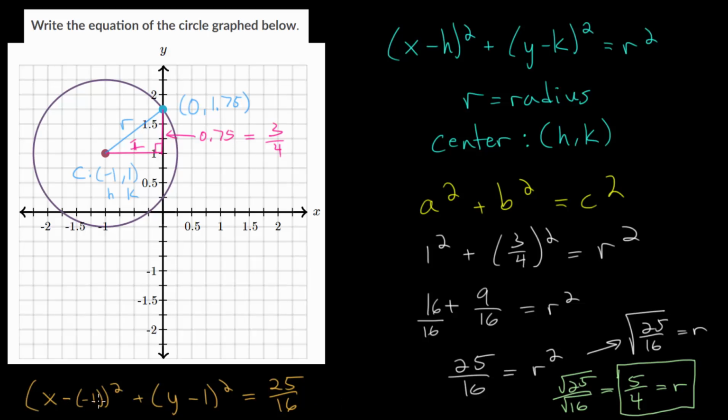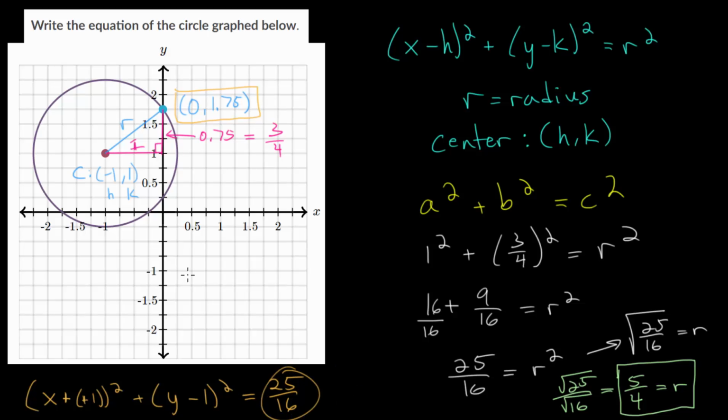And if we want, we can simplify this further, since really we have x minus -1, which is the same as adding 1. So we can change this to x plus 1 squared plus y minus 1 squared is 25/16. And the way to check this is to take this point that we were given and plug it into the equation and see if it simplifies to this 25/16.